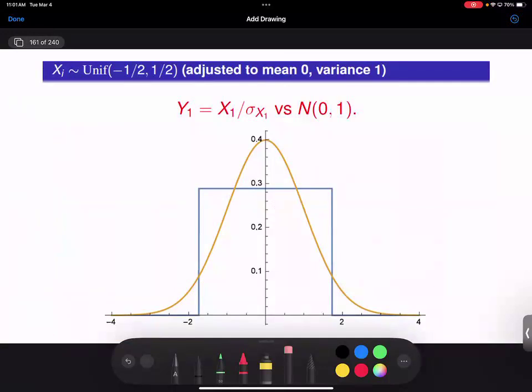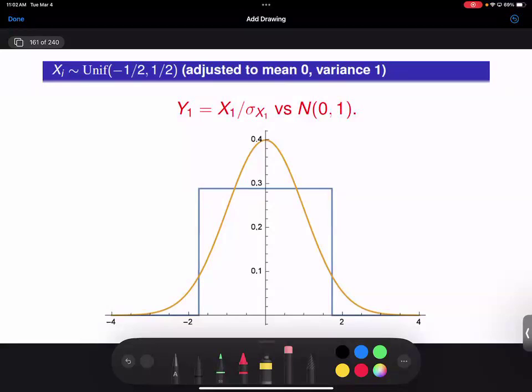I'm dividing my random variable by its standard deviation. What is the standard deviation of y at this point? If I take x and divide x by its standard deviation, what's the standard deviation of y? 1. So I've just rescaled. I want to compare apples and apples. So I've rescaled x to have standard deviation 1.